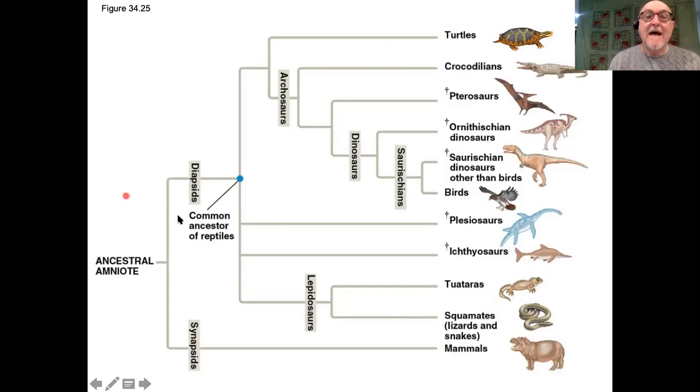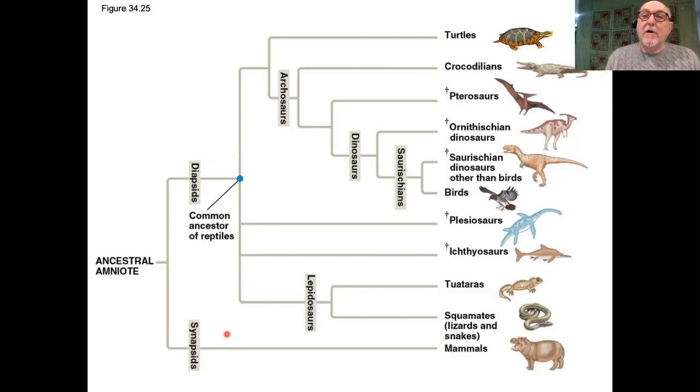Okay, we'll say that the diapsids here are our reptile group, and the synapsids, the early synapsids that I'll show you and talk about, which I think of as being mammal-like reptiles.